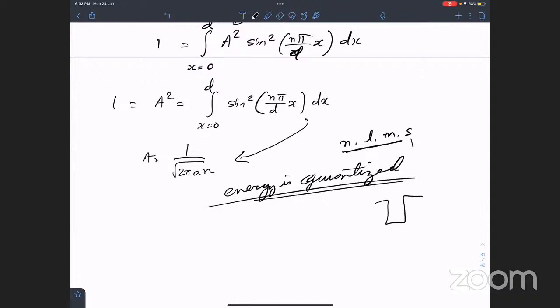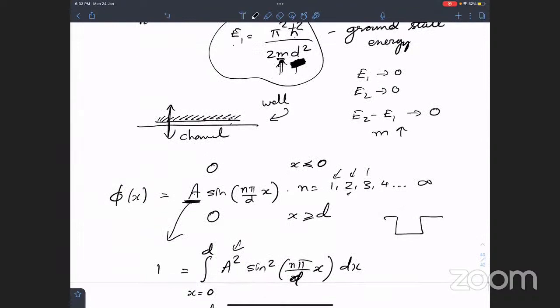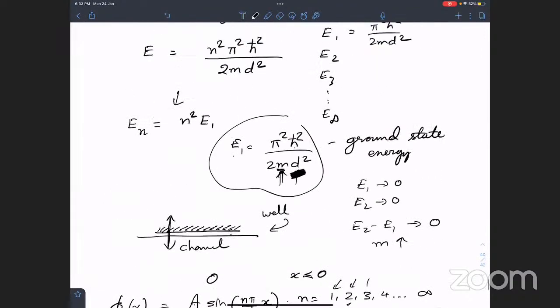My question is, sir, when mass is very less and distance d is also less, then we get a discrete energy state. Then what is the boundary value for this distance, after which we get a continuous energy state? Okay, I understood your question.